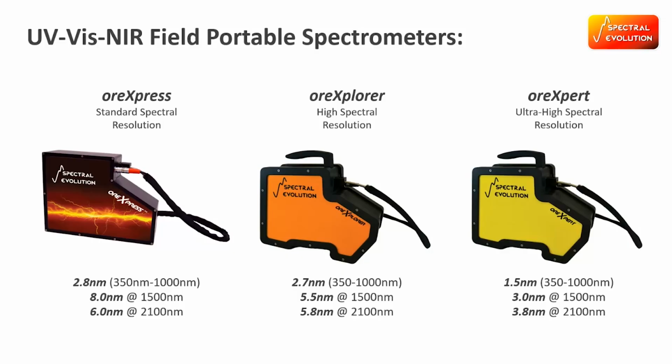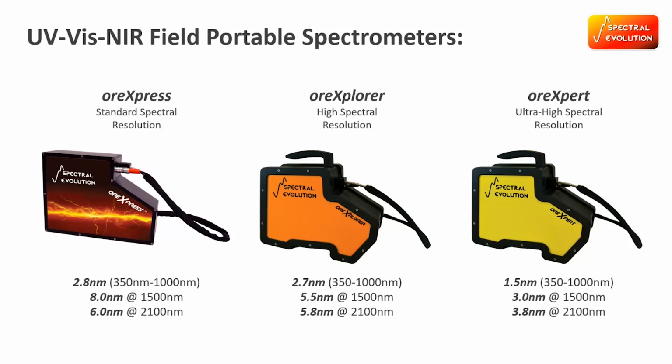That will have a 2.8 nanometer resolution in the UV-Vis, 8 nanometers in SWIR 1, and 6 in SWIR 2. Our oreXplorer is a high resolution, a new standard for the industry and geological applications.